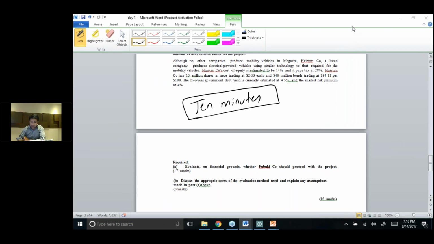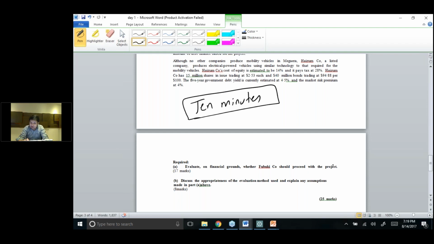The question is very general, like the examiner has asked that evaluate on financial grounds whether company should proceed with the project or not. That means you have to evaluate whether this project is profitable, feasible or not.